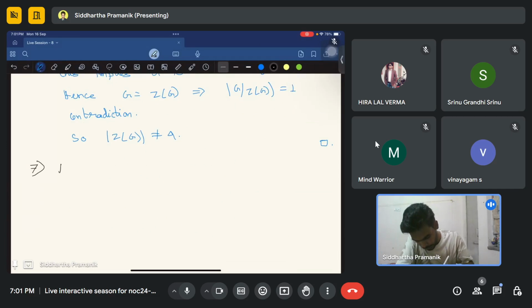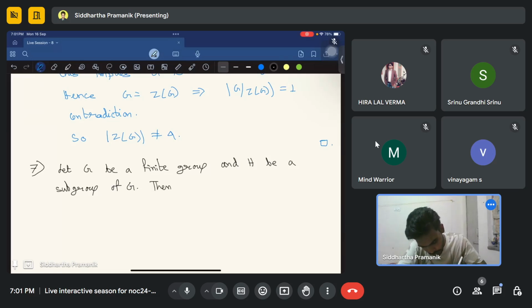Let G be a finite group and H be a subgroup of G.